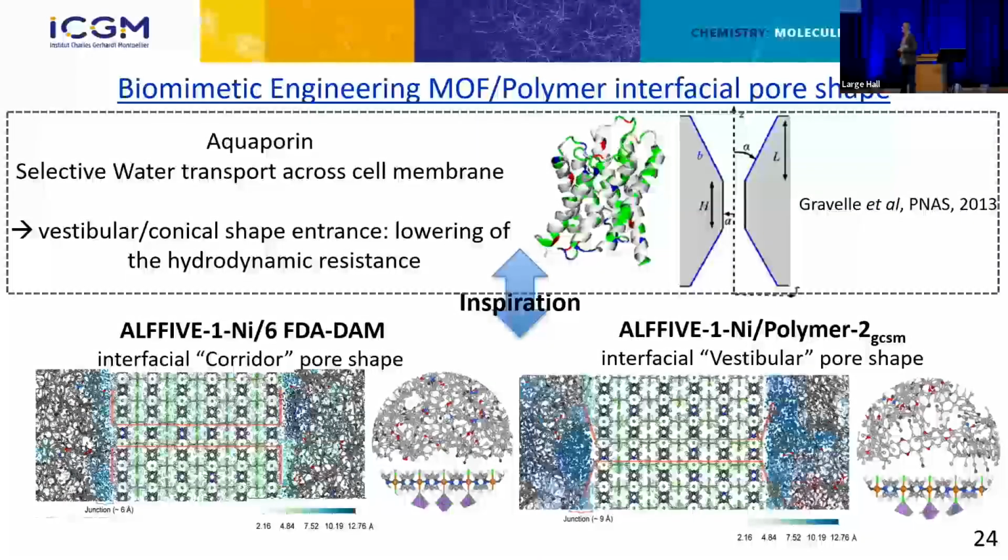And here the idea was to be inspired from the bio field, because we know that molecular sieving and ultra small pore MOF are not only acting in MMM or separation processes.